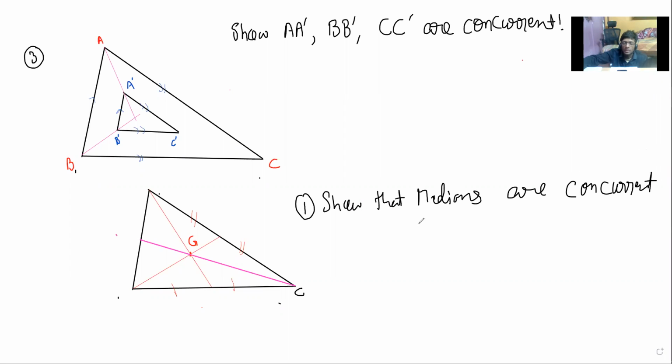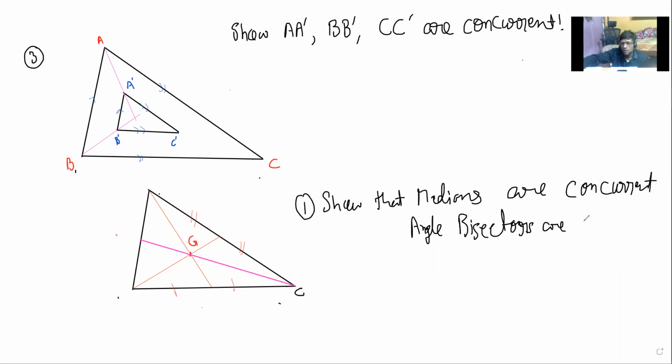And also, let me see what other easy things we can ask. I don't know about altitudes, so that is easy. Let me not ask that. Angle bisectors, you guys should try. Angle bisectors, you guys know. If you don't know, you tell me.